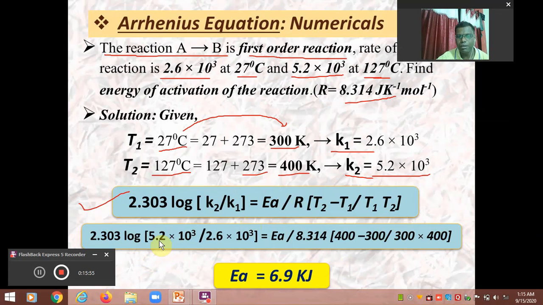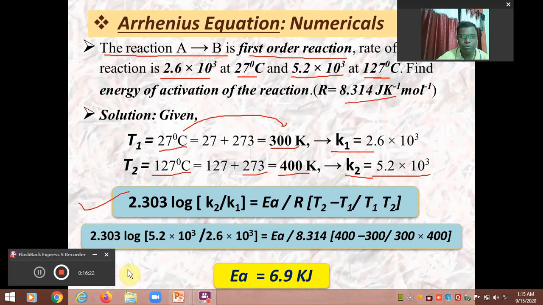We have already put the values here for K2, K1, R, T2 and T1, and only by making a simple calculation we will be able to calculate the answer. After solving this, you should get the energy of activation as 6.9 kilojoule.